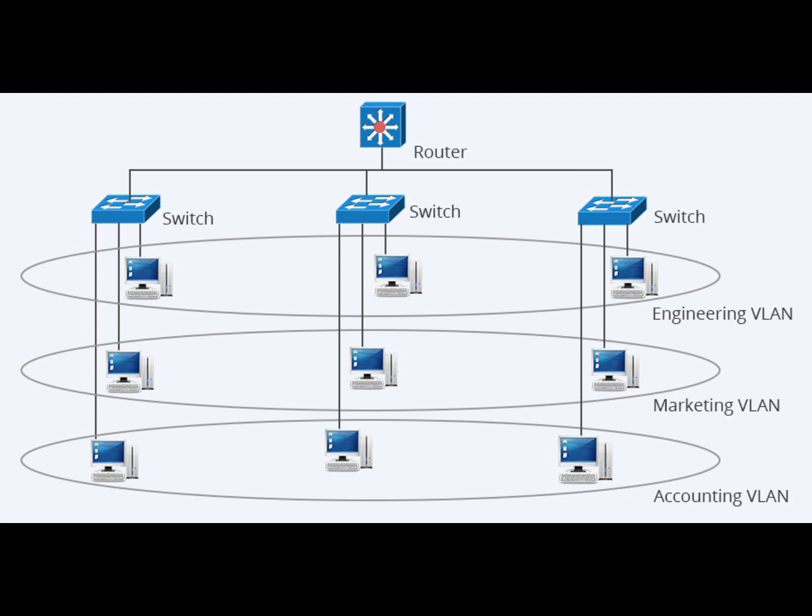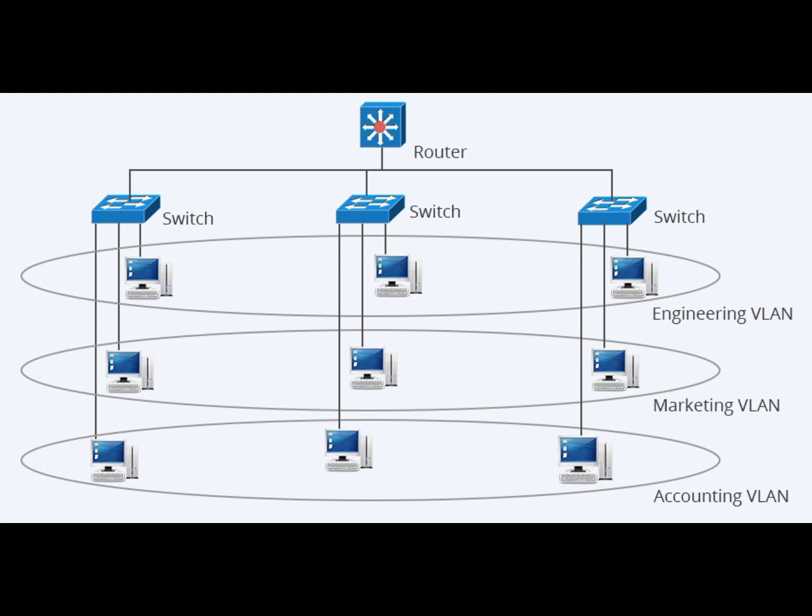Why can two devices on different VLANs not communicate? The main reason two devices on different VLANs cannot communicate directly is that VLANs are designed to isolate traffic between different groups of devices for security and performance reasons.